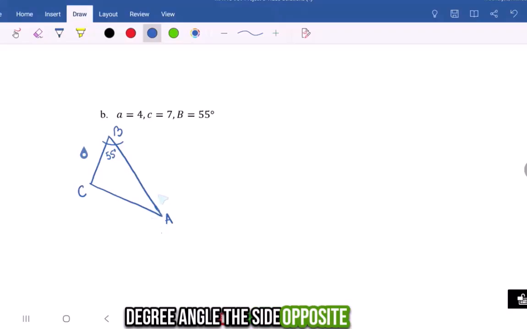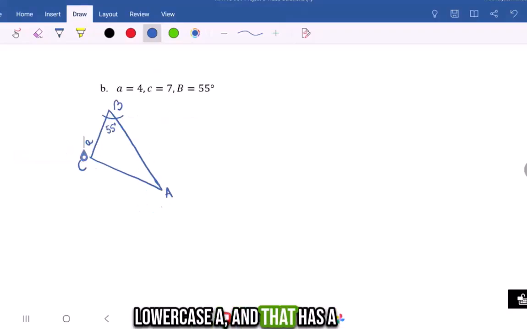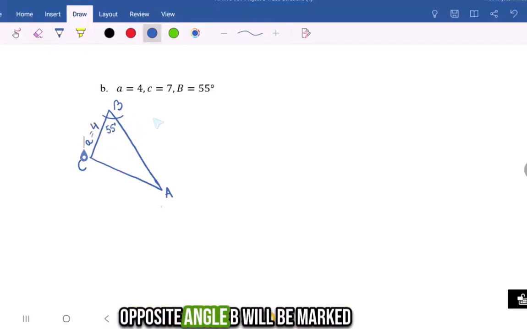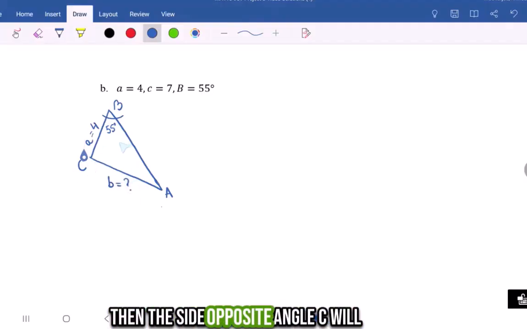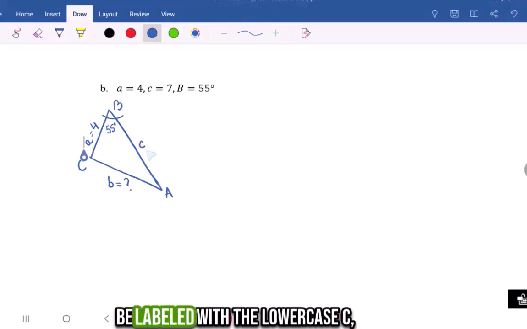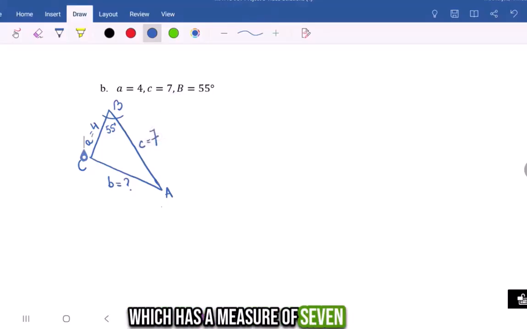The side opposite angle A will be labeled with a lowercase a, and that has a measure of 4 units. The side opposite angle B will be marked with the lowercase b. We do not have the length of that side, and then the side opposite angle C will be labeled with the lowercase c, which has a measure of 7 units.